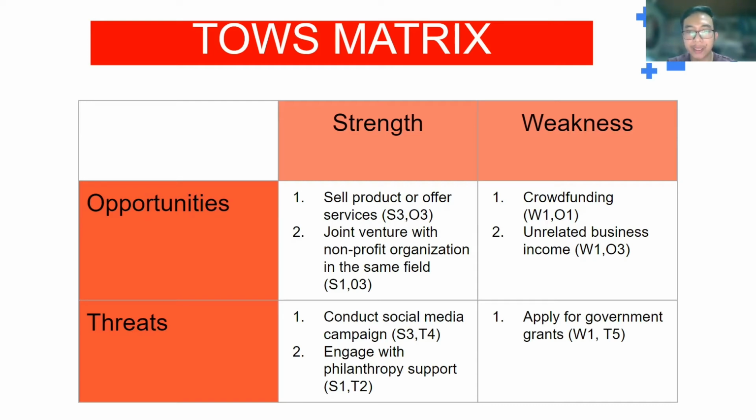For weakness and opportunities, LLS can do crowdfunding via online platform and do unrelated business income, such as doing a side job promoting some pharmacy to get more funds. Lastly, for weakness and threat, LLS can apply for government grants for continuous funding.